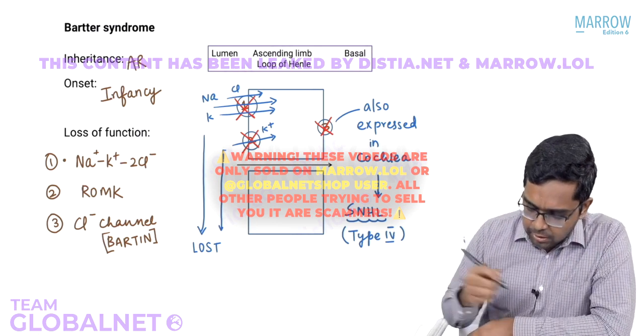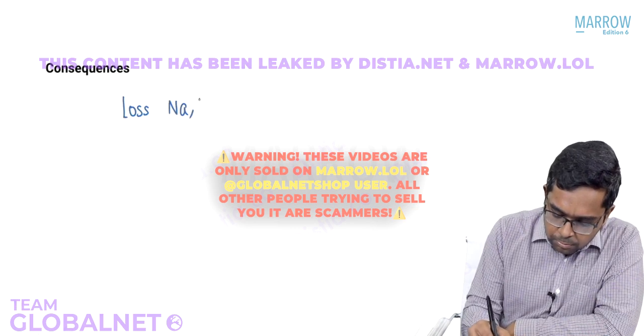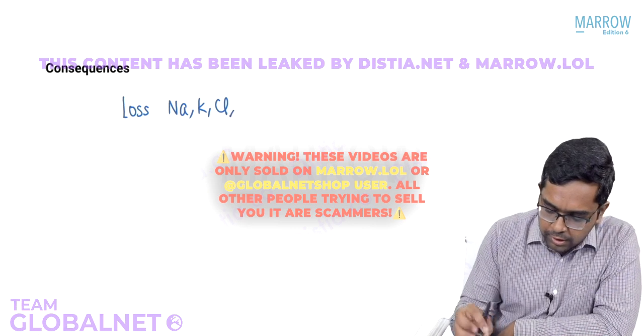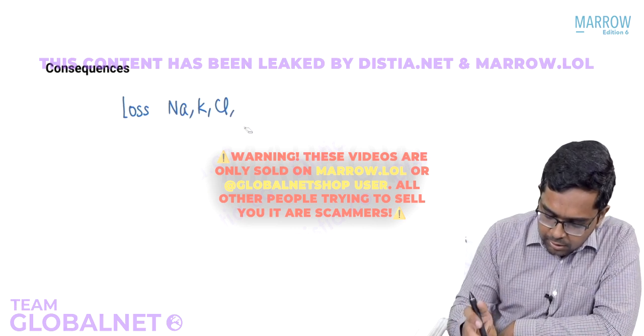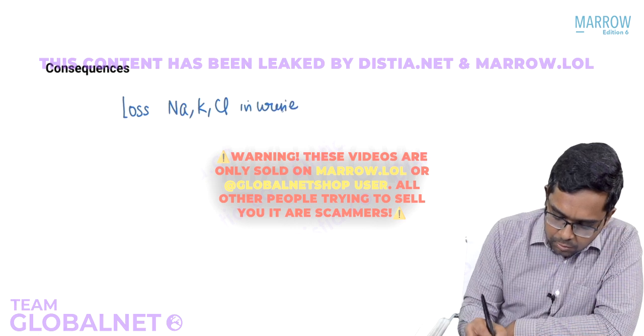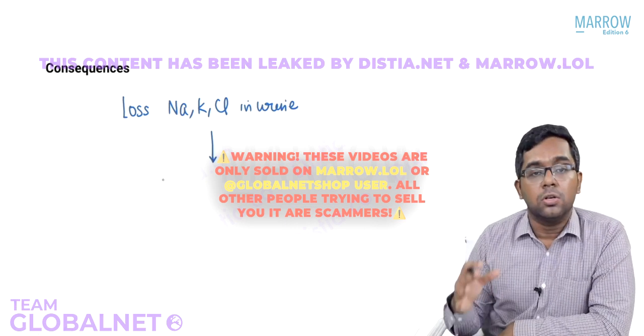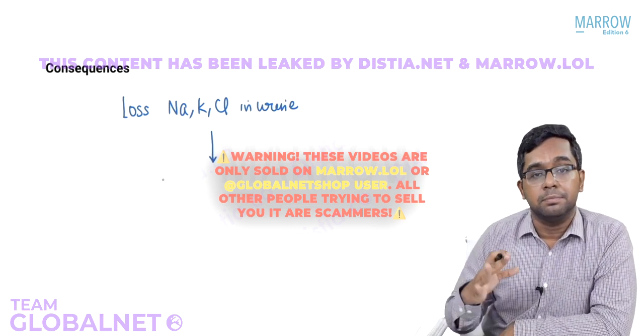So let us see what would be the consequence. Number 1, there is loss of sodium, potassium, chloride in the urine. Now sodium loss will also cause loss of associated water along with it. You all know that.